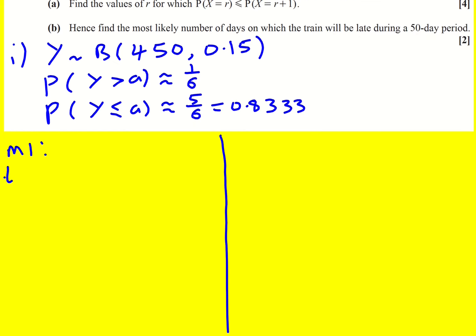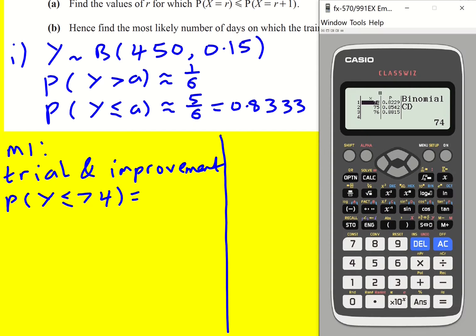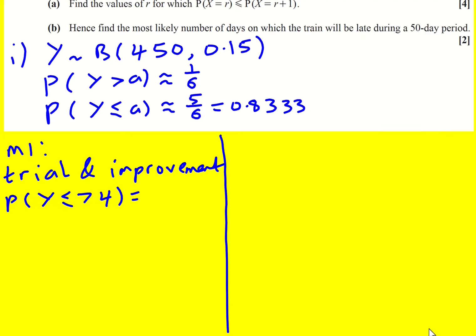So I'm just going to write trial and improvement. The probability that Y is less than or equal to 74 is 0.8229, which is less. Maybe I'll just write too low.